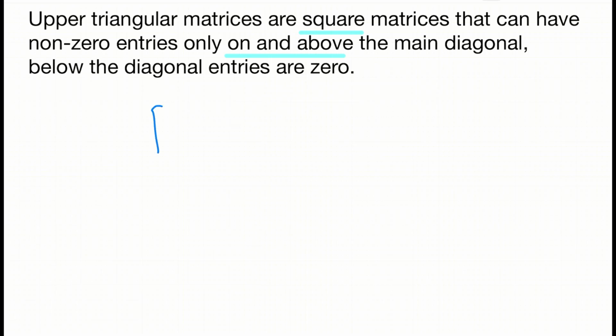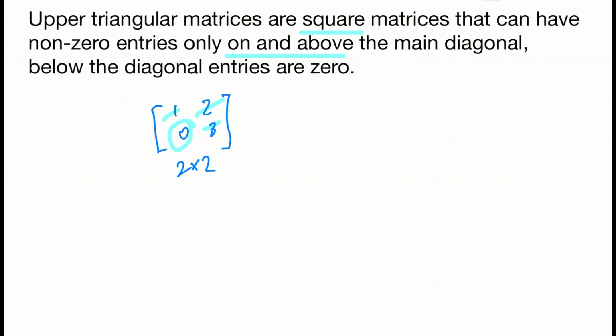So now let's see, 1, 0, 2, 3. That's a square matrix. That's a 2 by 2. So that satisfies that. And non-zero entries only on or above the main diagonal. So that, yes. Below the diagonal, you have a 0. So that is an upper triangular matrix.